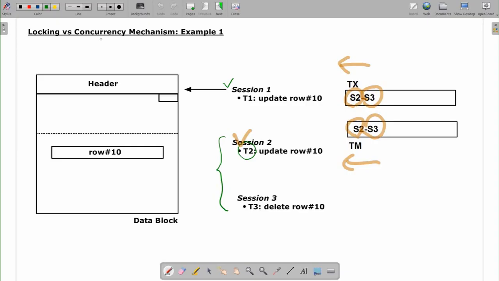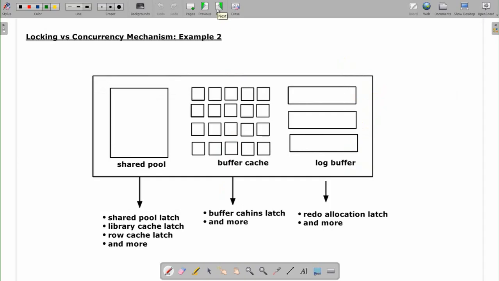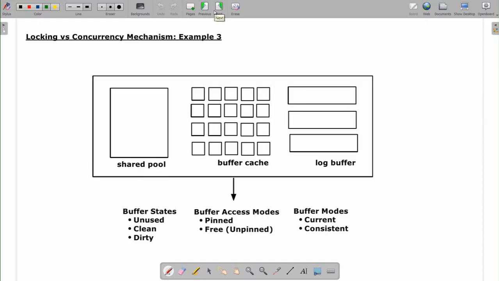Once the lock is released, we have to know which session must be served next, and which session must be served first. That must be controlled. That's the concurrency mechanism. And also, resources in the shared pool must be maintained and managed, and concurrency to the buffers in the buffer cache also must be maintained, and the same thing in other memory components.